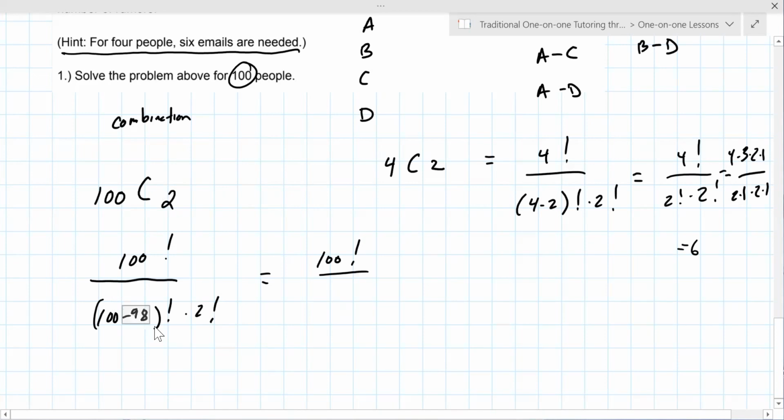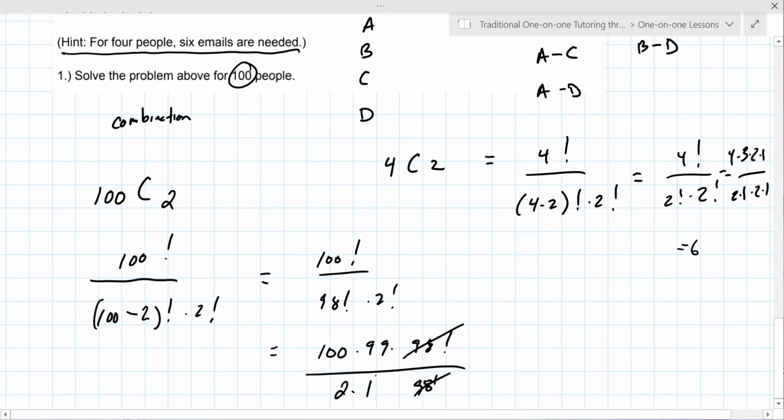Sorry about that. That changes this to 2, so that's 98 factorial times 2 factorial. So in the numerator is 100 times 99 times 98 factorial over 98 factorial, which cancels out. And then 2 factorial is 2 times 1. So it's 50 times 99 is your final answer on that one. Okay.